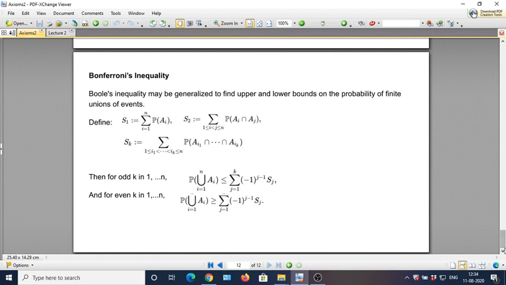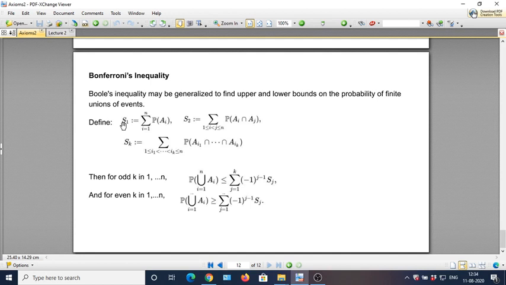Then we looked at the sums of the sets, that is, the union of n sets Ai, i varying from 1 to n, can be split into the following things.